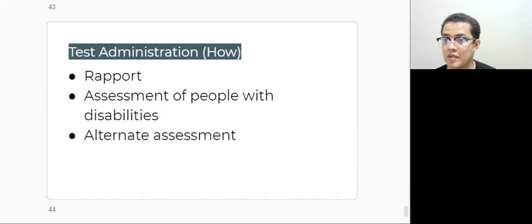Assessment of people with disabilities is also important. Individuals who have disabilities are assessed for exactly the same reasons that people with no disabilities are assessed: to obtain employment, for instance, to earn a professional credential, and of course to be screened for psychopathology and so forth.